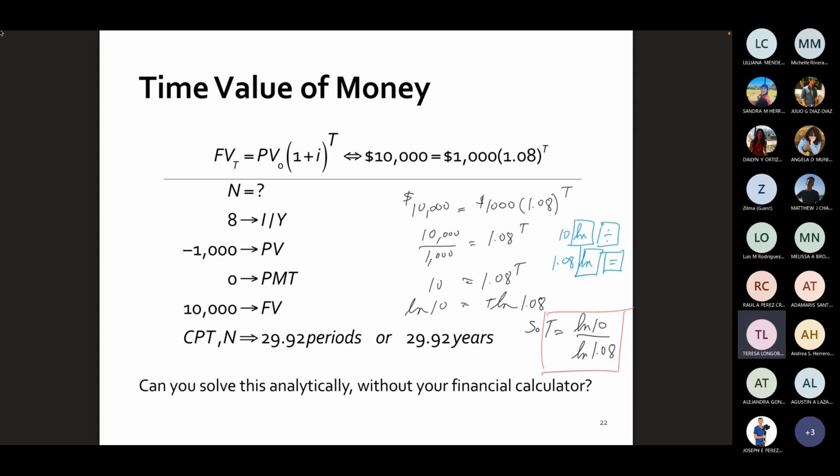So we haven't talked about how many things we can complicate this problem with, but this very basic time value of money relationship is the basis of finance. Anybody get a different answer?